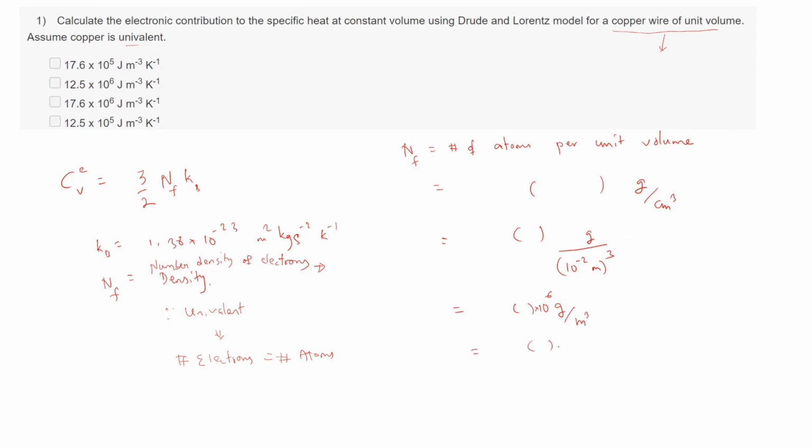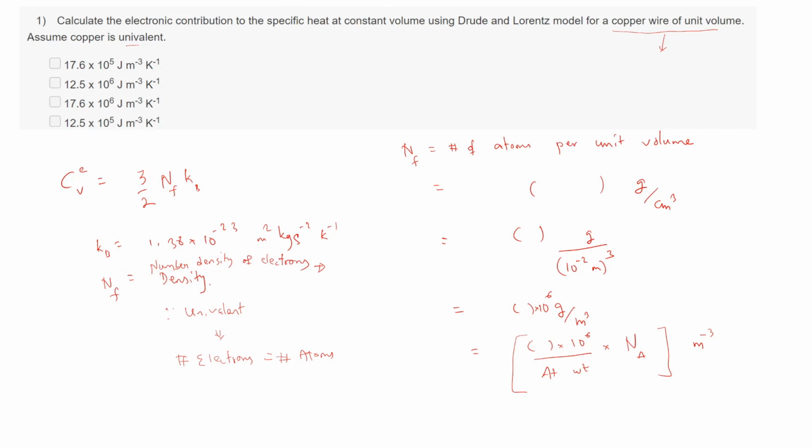Since it is in grams, you divide by the atomic weight and multiply by Avogadro's number. That is the number of atoms per meter cube, so this is your nF.